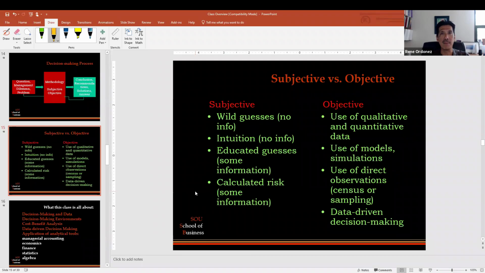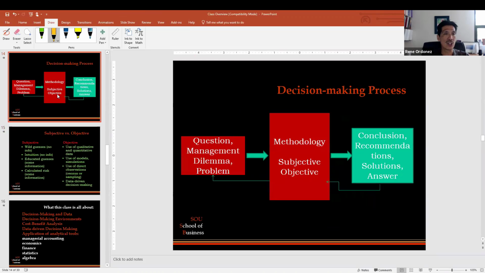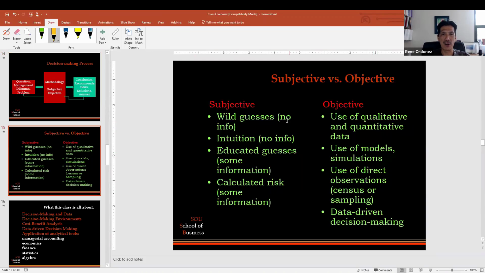When we talk about an environment of uncertainty, there is no useful information available that will allow you to make a conclusion or recommendation. In situations where there is no useful information, if you just use a wild guess or intuition, it's probably just as good as flipping a coin or rolling a die.